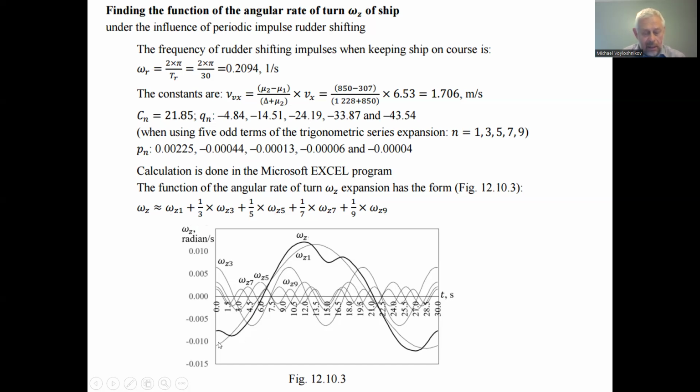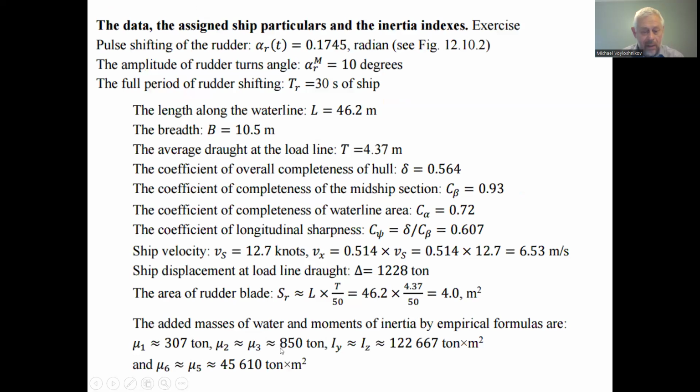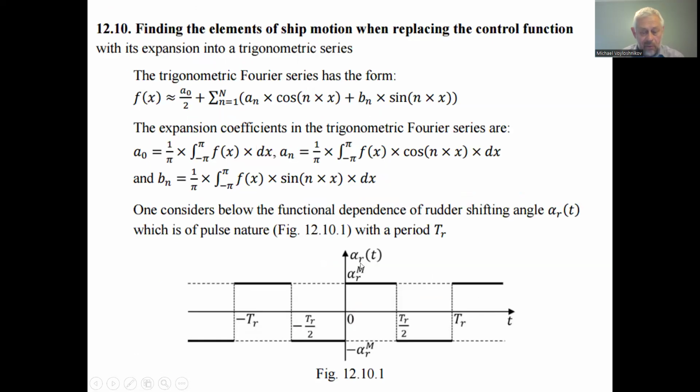Each sum is drawn by a thin solid line with a definite designation of the term, and the total we have by the bold solid line here. This looks almost like a sinus type of dependence of the rotational velocity on time when we have the impulse turning of the rudder.